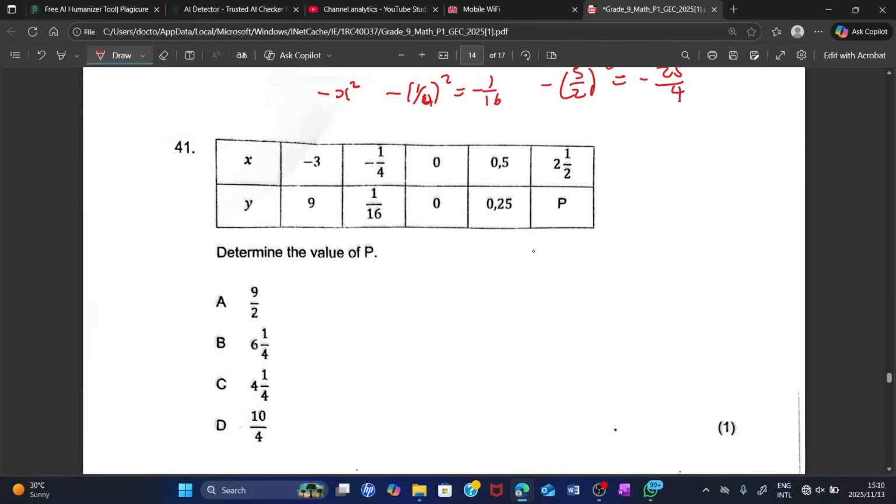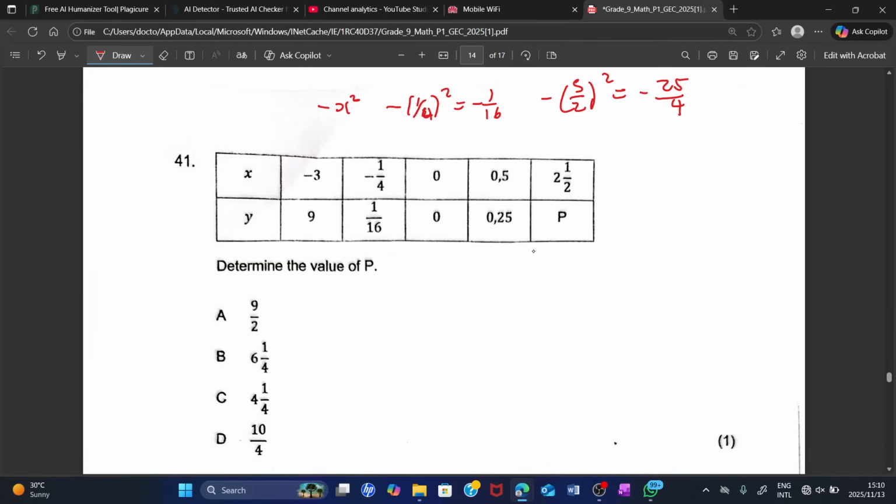Let's check if we have such an answer. Minus 25 over 4. Is it minus? No, no. It can be a minus. Let's see, it's positive. The value of P is a positive answer. Okay, plus or minus.